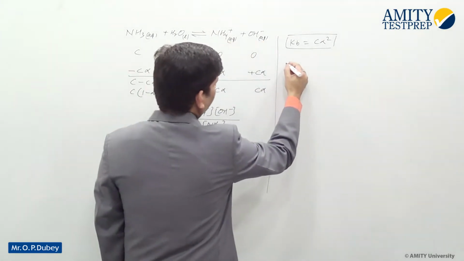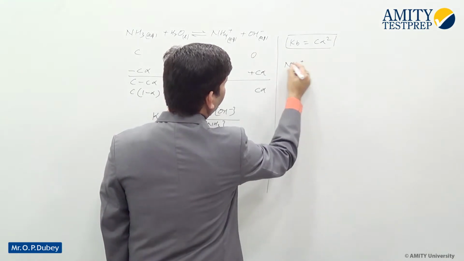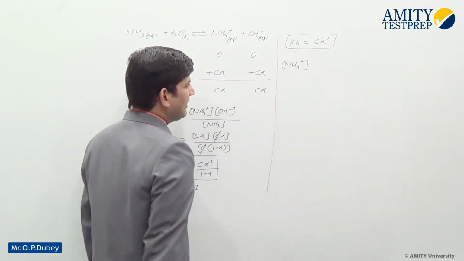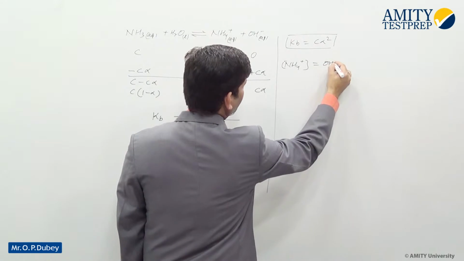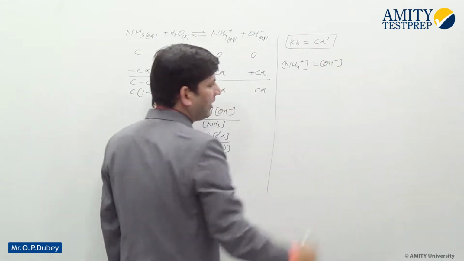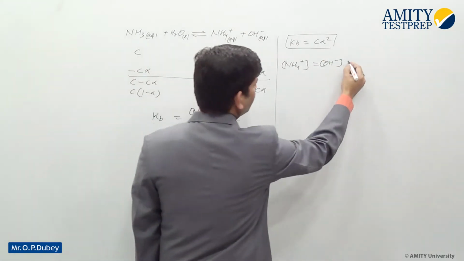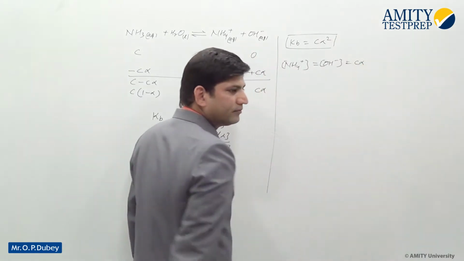Like the concentration of ammonium ion in this solution is equal to the concentration of hydroxyl ion at equilibrium, which is equal to C alpha.